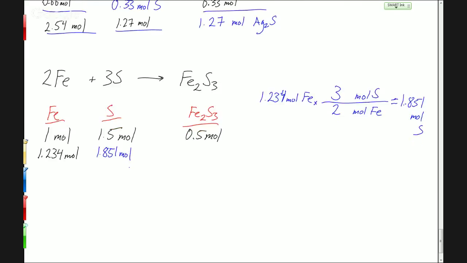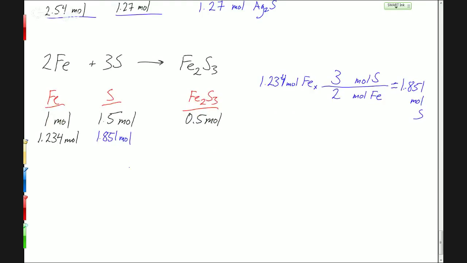And then we could also do the same thing, find out the moles of FeS that we would use. Whoops, no, wrong spot. So we can find a conversion factor that takes us from moles of Fe and gets us to moles of Fe2S3.